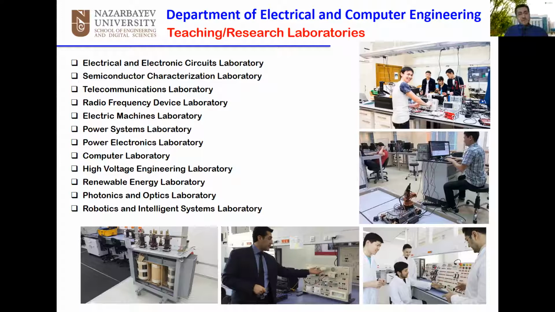Sometimes we provide a course inside the lab because we need to talk practically about different kinds of equipment and tests. And sometimes, when we finish a theoretical lecture, we have a laboratory related to that lecture.